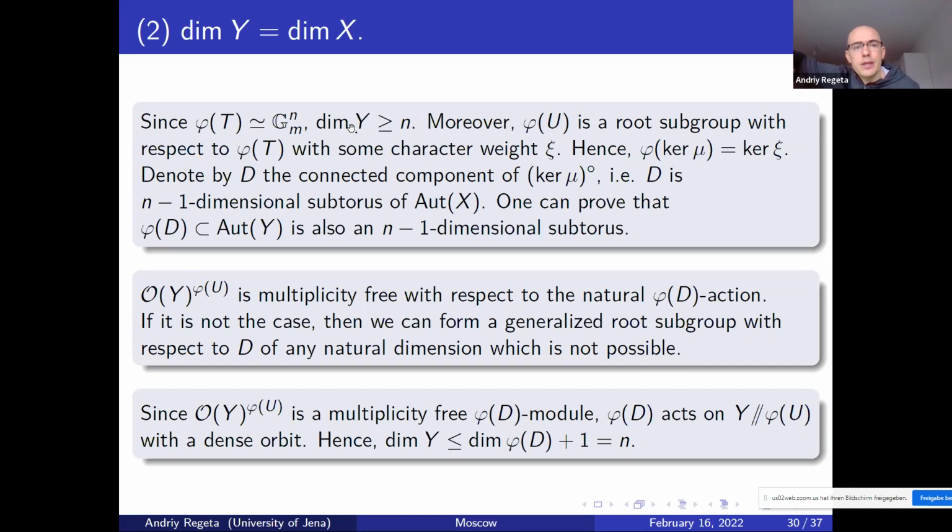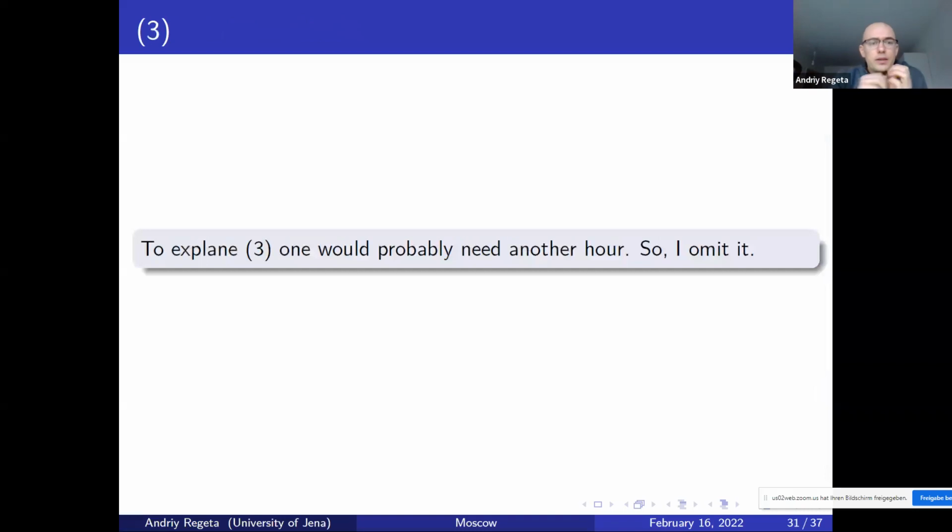Here we have the dimension of y is bigger or equal than n, and here we have the dimension of y is less or equal than n. We conclude the dimension of y is n, and hence y is toric. So now, of course, we have two toric varieties x and y.